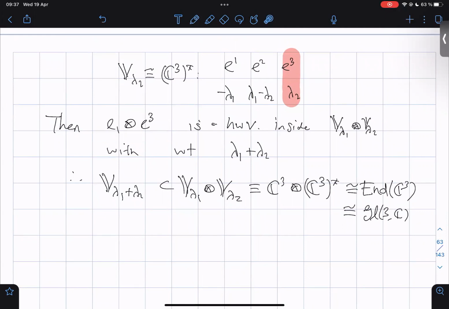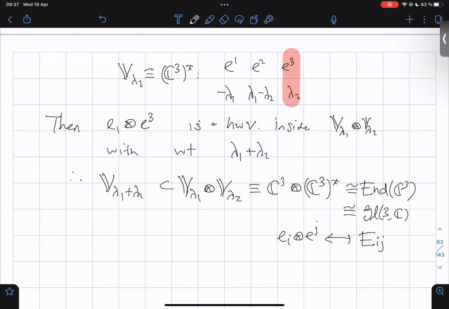To emphasize the identification, E_i tensor E_j, with E_j being a covector, corresponds in this identification to the matrix with a 1 in the ij position and zeros elsewhere.